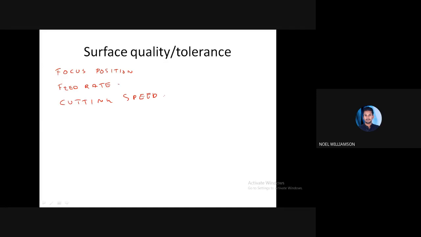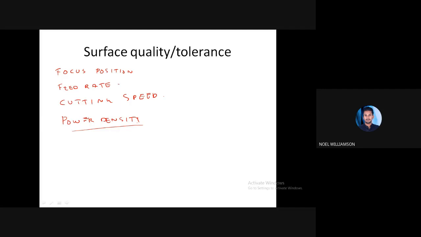Next, regarding the power density. By increasing the power density, the roughness also increases, or we can say the surface quality decreases.